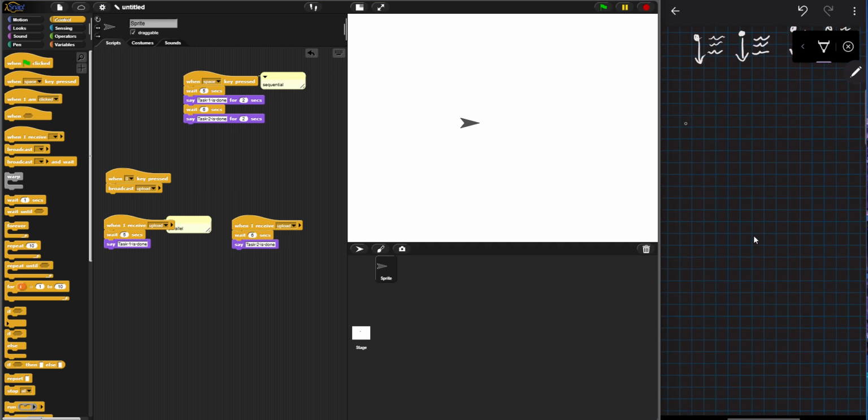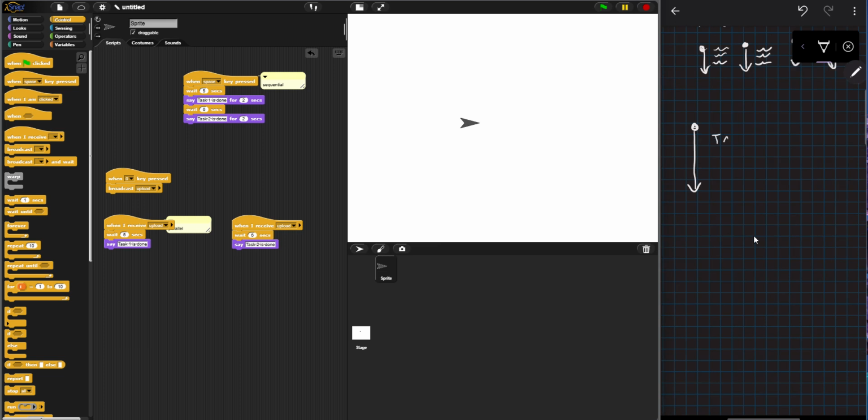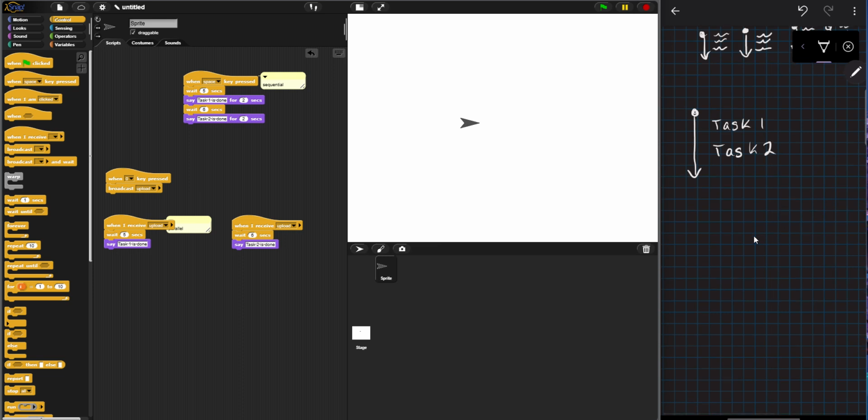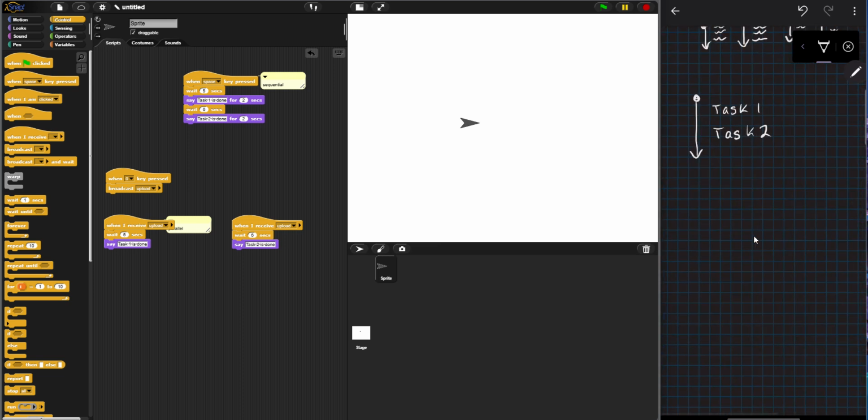So they will run. The first one we had was task 1 and task 2. Again, this is sequential, but now we have a parallel. So we will have one processor doing task 1, and we'll have another one doing task 2.